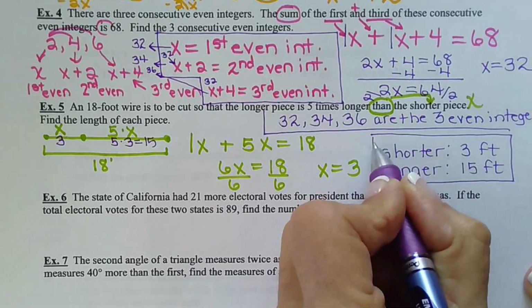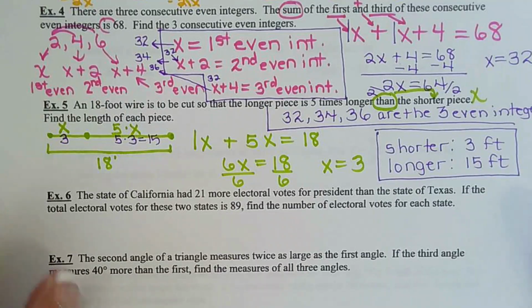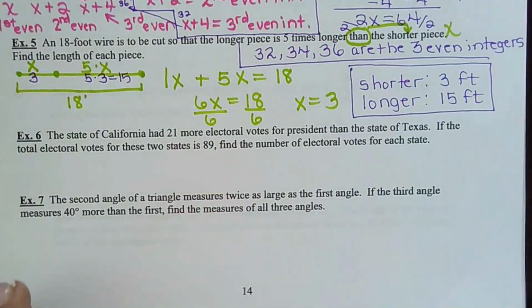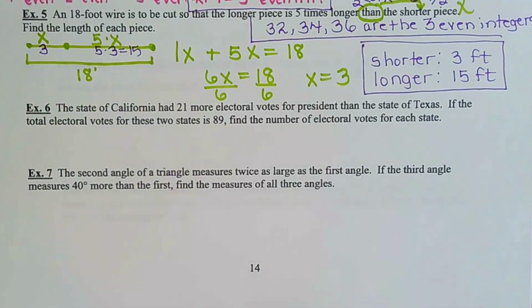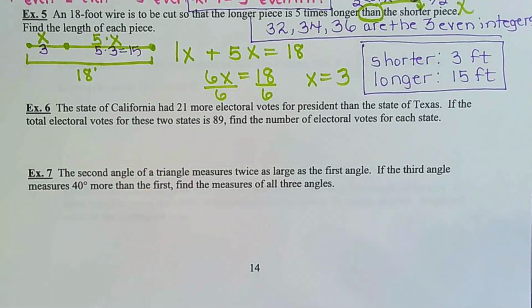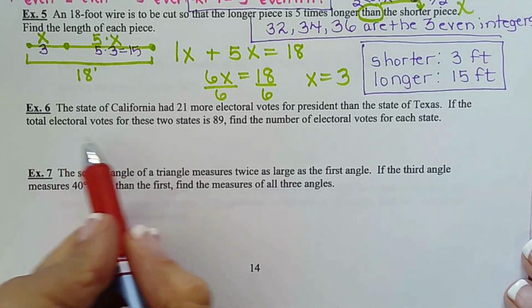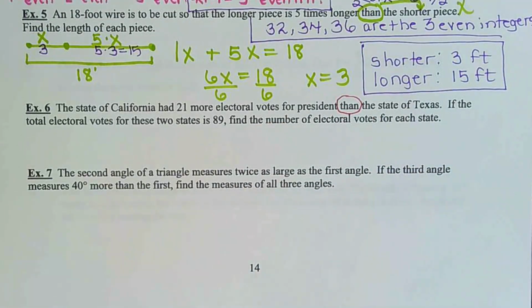Fun problems. I wish they always stayed this fun and easy. Okay, 7's a little bit quirky, so I want to do that one with you. If you want to try it, you can. You can shut off the video and try it. But I want you to try 6, very much like the one we did, because right away when I skim down that first, I go, "than," my keyword.